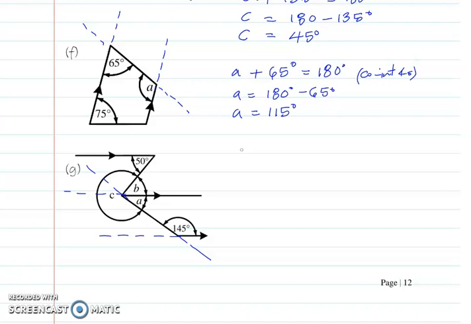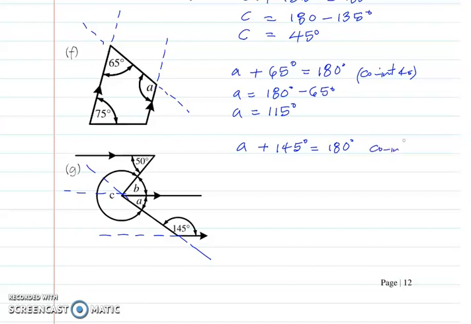All right, so I would start by saying that A plus 145 degrees is equal to 180 degrees. They are co-interior angles. Why? They are between the parallel lines. These are the parallel lines. So A and 145 are between the parallel lines and they are on the same side of the transversal.